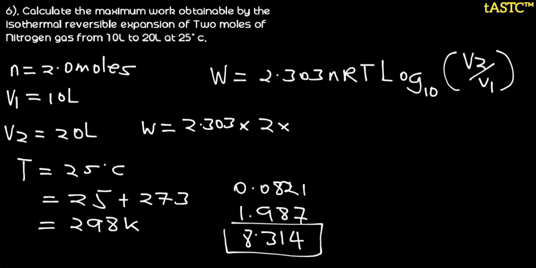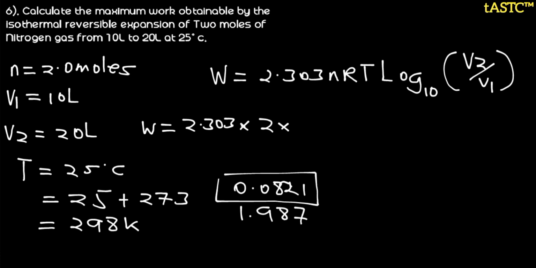If we used 8.314, we're actually looking for the work done in joules. Now we don't need this. We need to find the work done always in calories. If we use this one, that would actually be a kilocalorie. But if we use this, that is a normal calorie. So we're going to go with this one and take this one out.